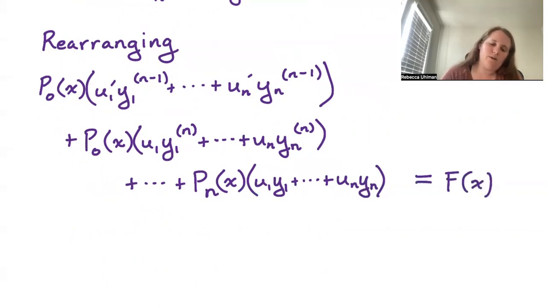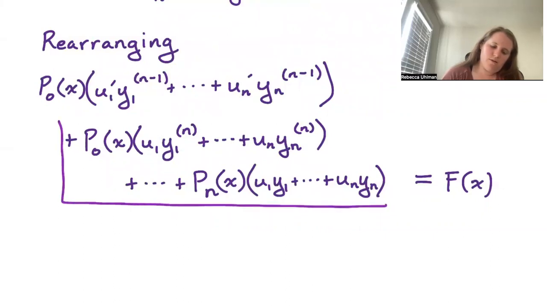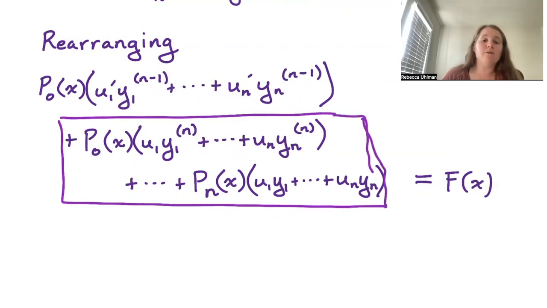Now note that this component, the p0 of x times all of the stuff that did not have the ui primes, that was just ui times the derivative of yi, is just a combination of homogeneous solutions plugged into our left-hand side.